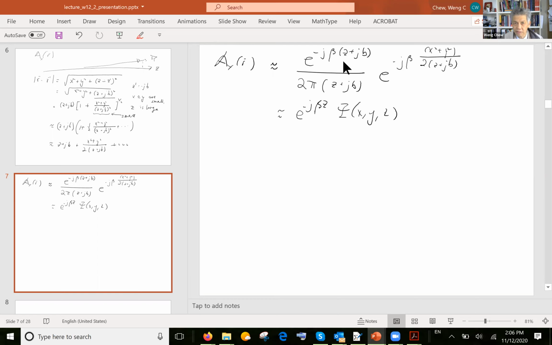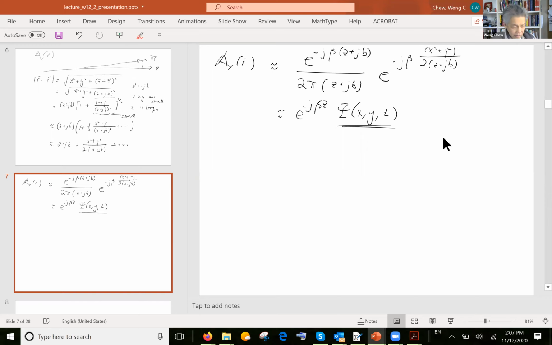There is a beta z term over here, and the rest of that must be psi xyz. So I can actually infer what my psi xyz should be. You can go and do the inference. The detail is done in the lecture notes. It's just quite a bit of math.